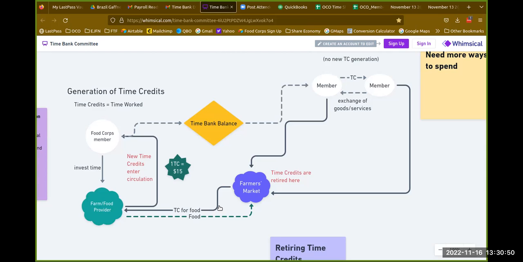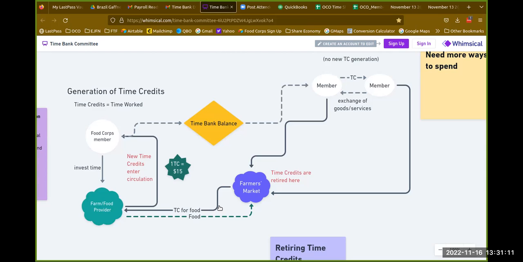Because right now the size of the time bank system isn't large enough so that everything balances out. It's very small right now still. And so we just wanted to make sure that no farmer is carrying the debt for another farmer.